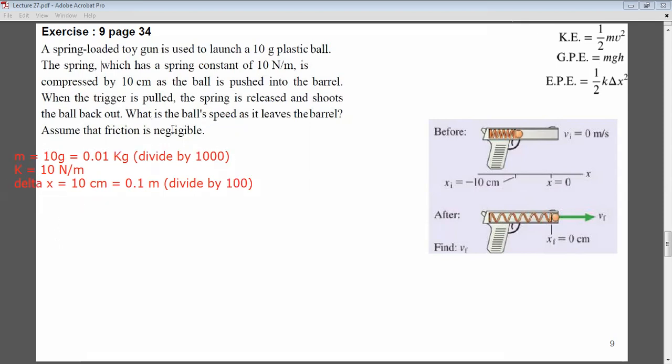Okay. When the trigger is pulled, so first it's compressed. Okay, so before, the spring is compressed at distance delta x equal 0.1 meter. Okay, this is before.